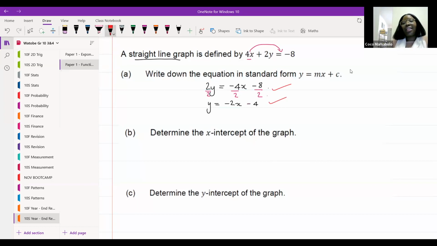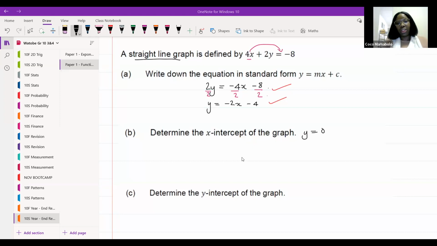All right. Question B says, determine the x-intercept of the graph. At the x-intercept, y is equal to 0. So I'm going to replace y with 0.